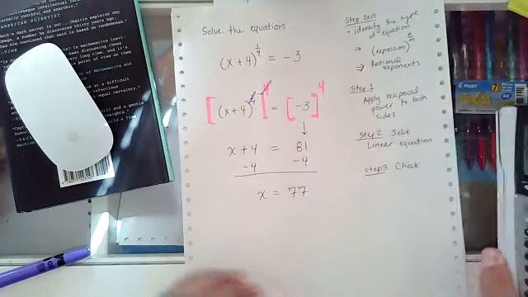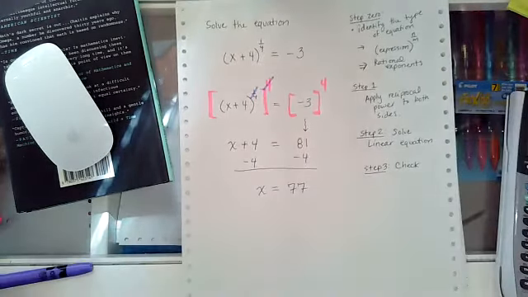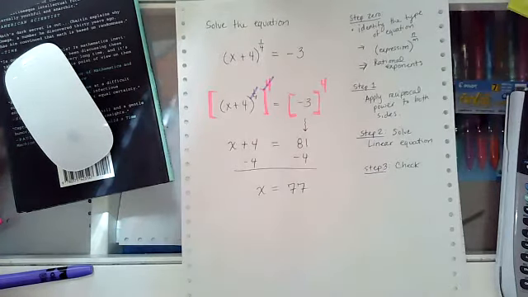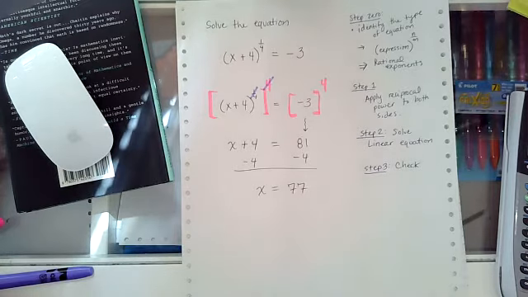Why did we get 3? Did I do this right? Why is this not correct? 81.